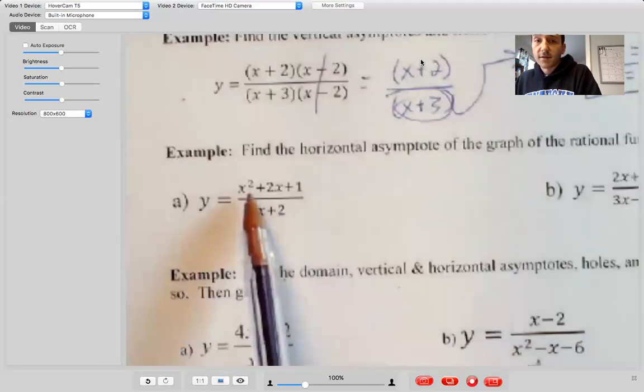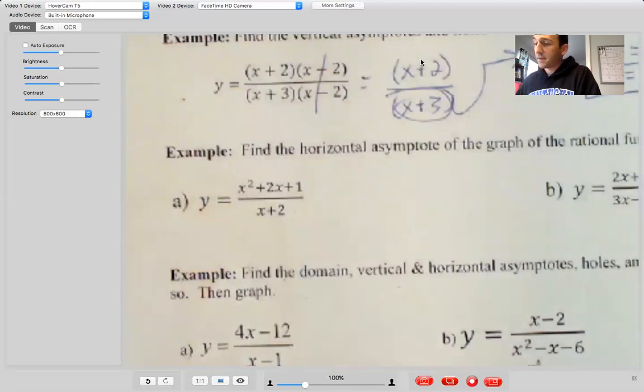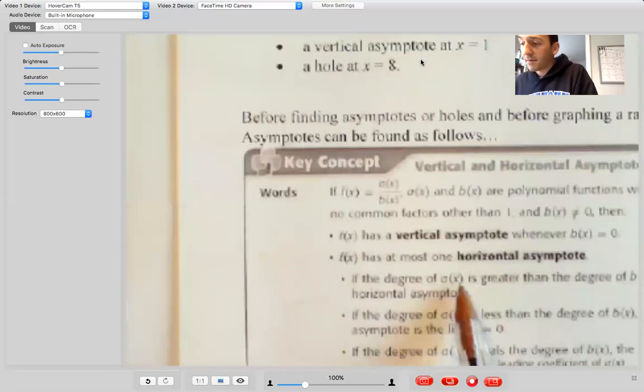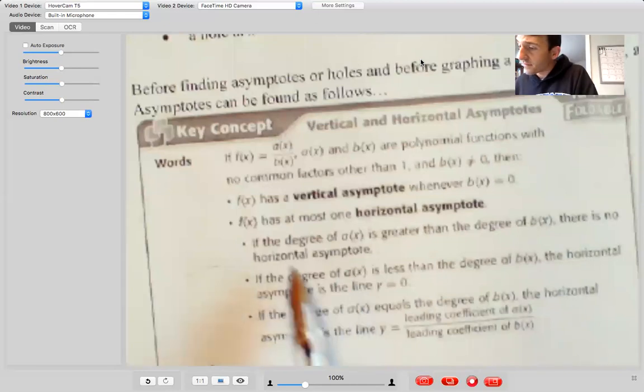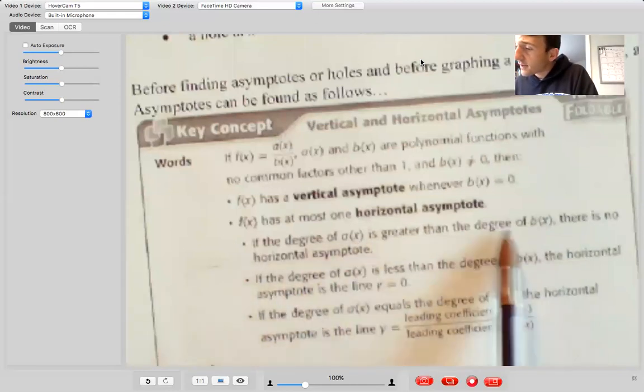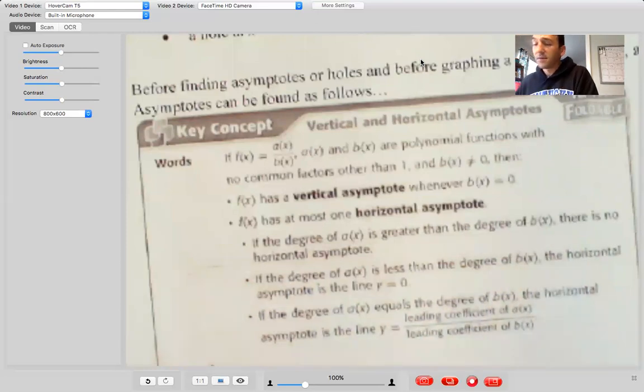So looking at our first example, it's second degree over first degree. So this would be an example where the degree of the numerator is greater than the degree of the denominator. So this would be our first case on the first page of your notes. Degree of a of x greater than degree of b of x, so there is no horizontal asymptote.